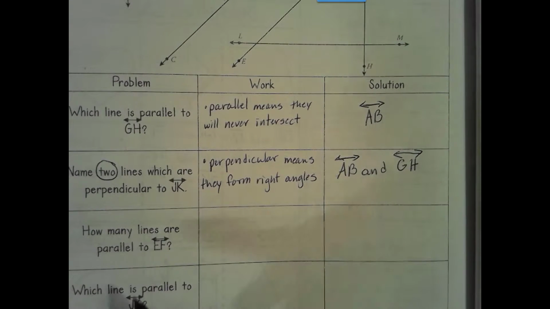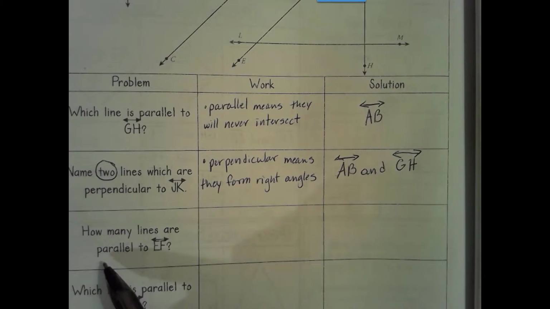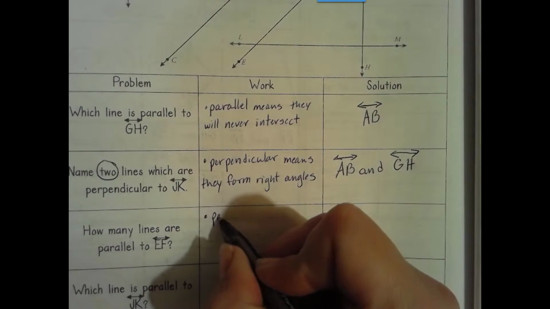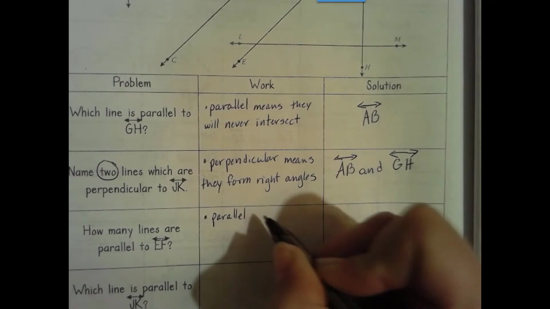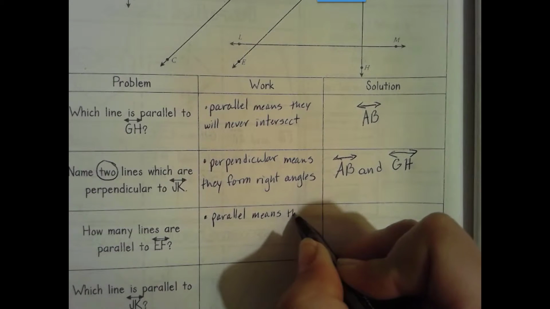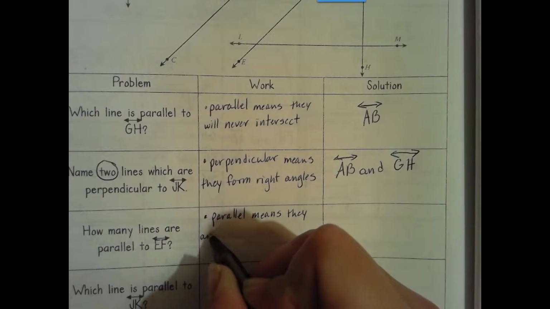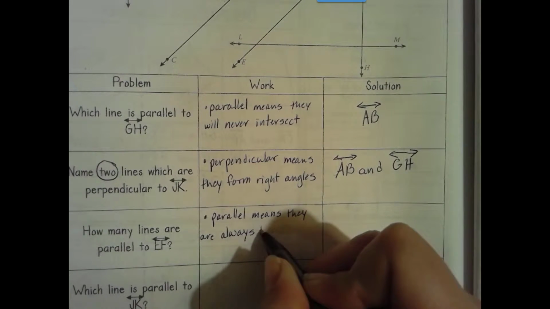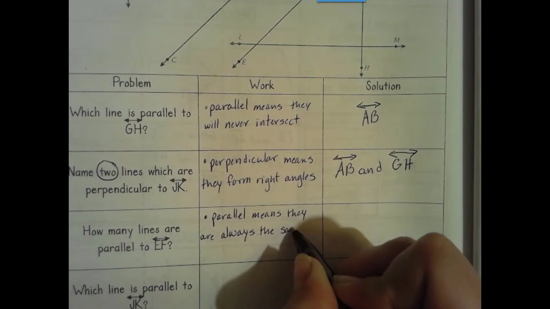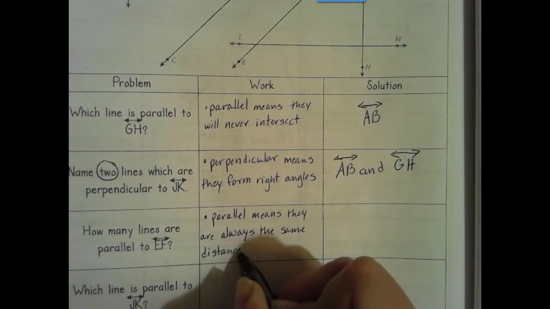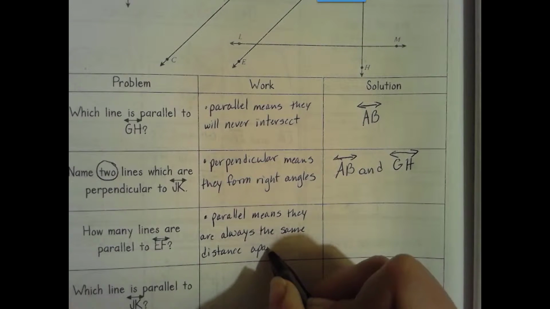Okay. How many lines are parallel to line EF? Parallel means they are always the same distance apart.